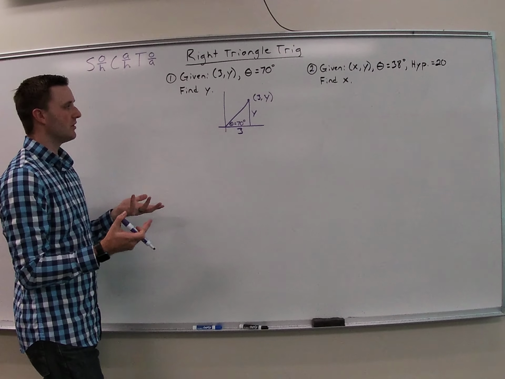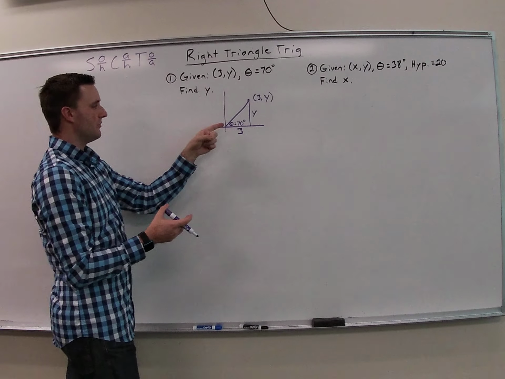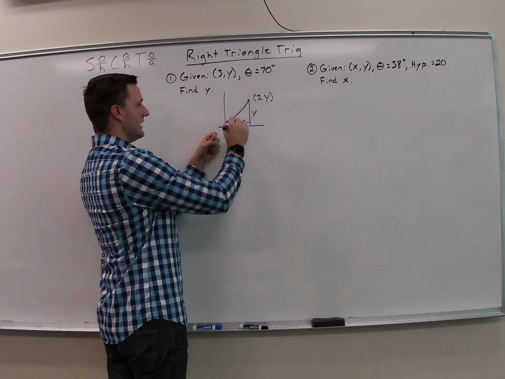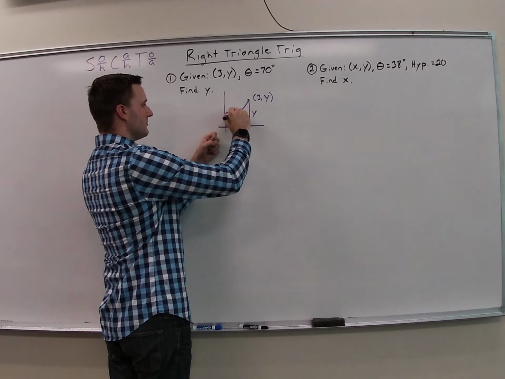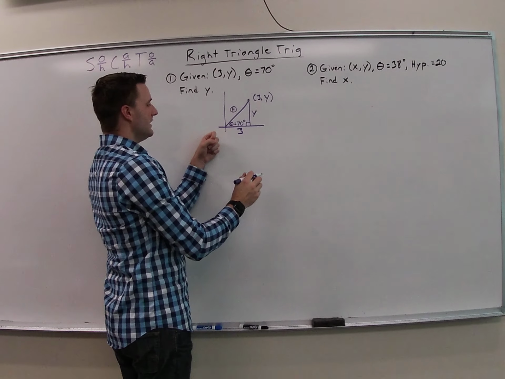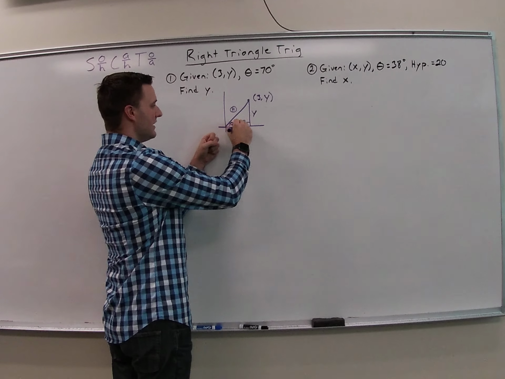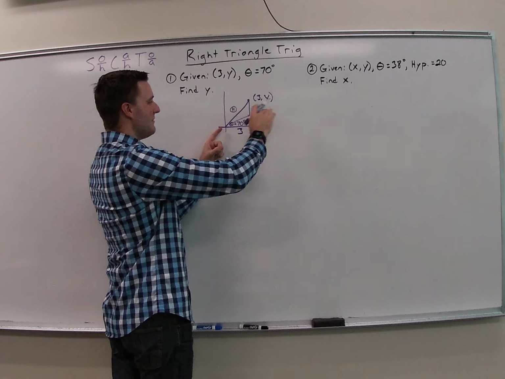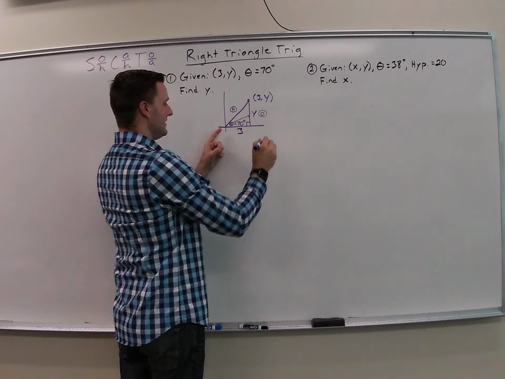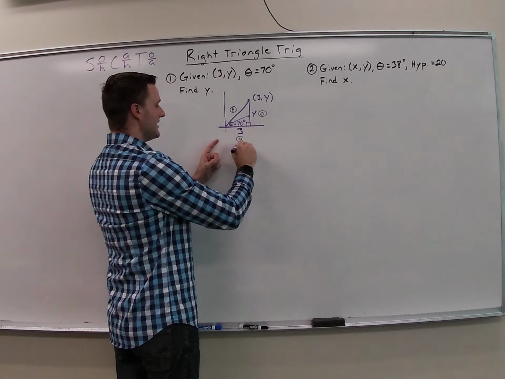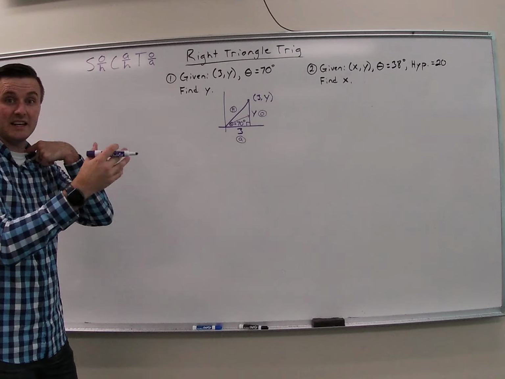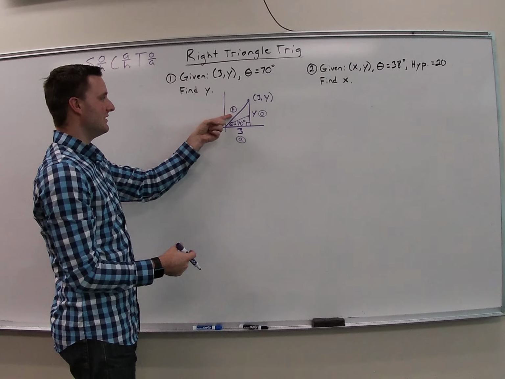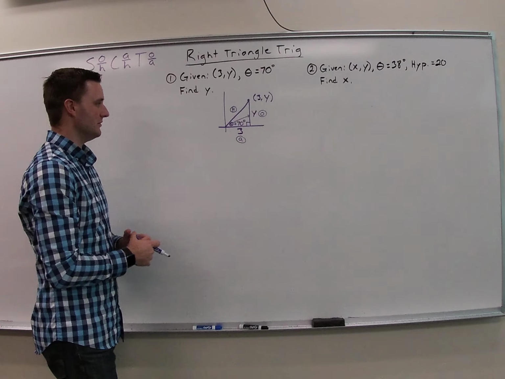Now, we have to remember which sides stand for what. From theta, our longest side, the side opposite of our 90-degree angle, is our hypotenuse. The side opposite is the side that a line from angle theta would hit, leaving the side adjacent to be the side right next to this angle, the side next to it that's not the hypotenuse.